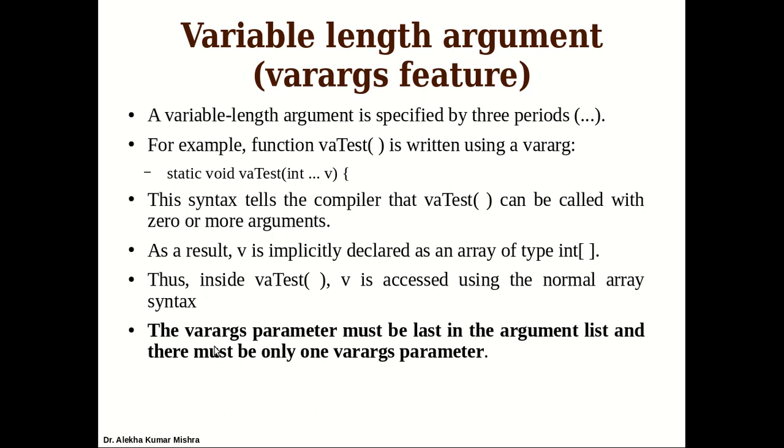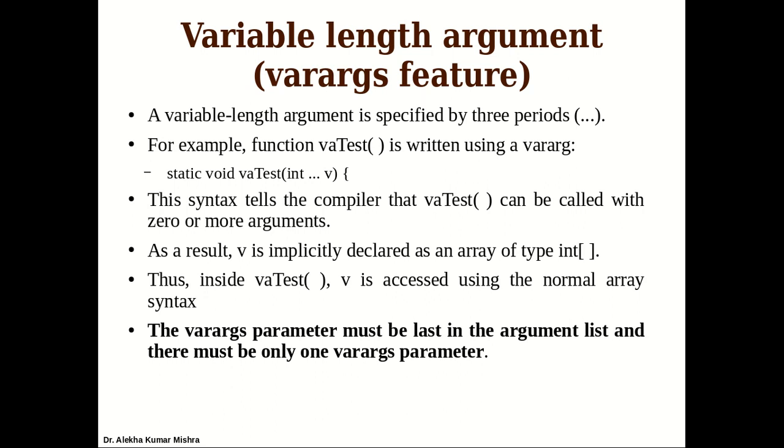Remember, the variable length parameter must be the last argument in the list, and there must be only one variable length argument. We cannot have multiple variable length arguments. That is a restriction here. The second restriction is that the variable argument parameter should be present as the last argument in the list.